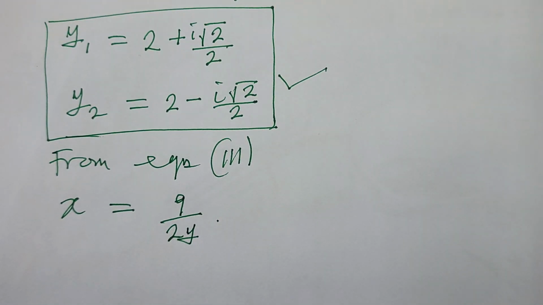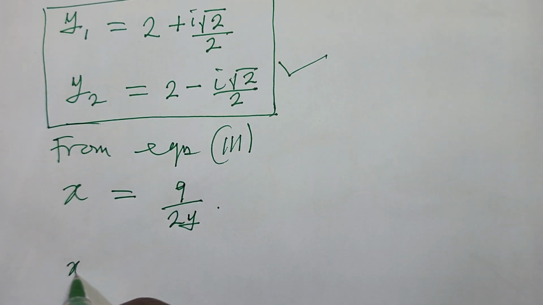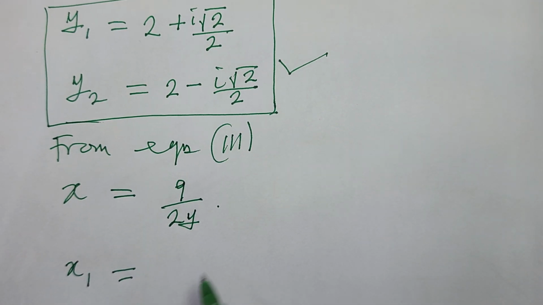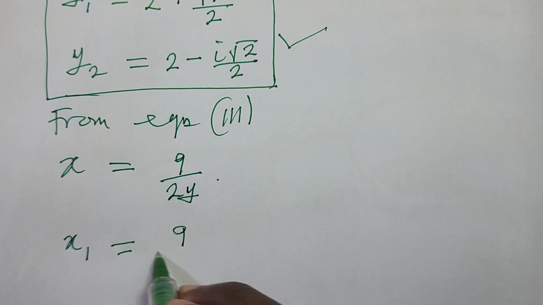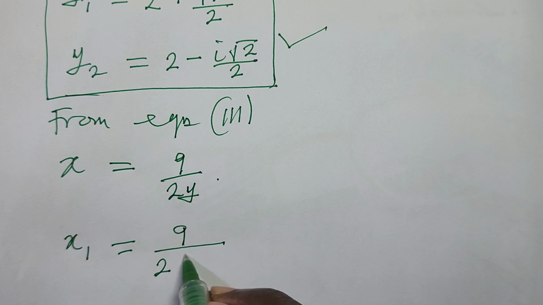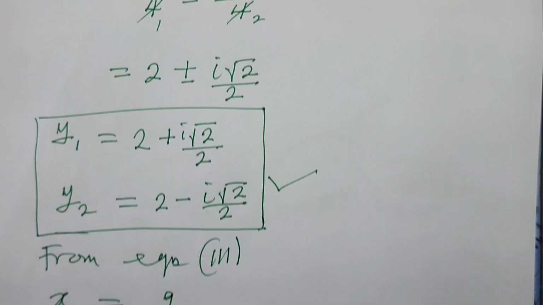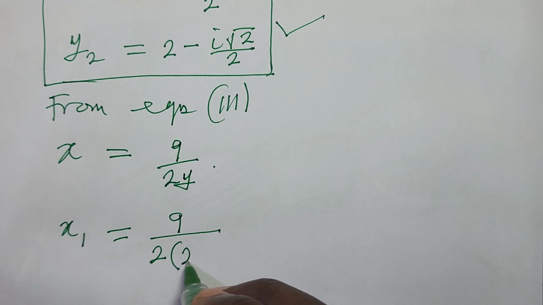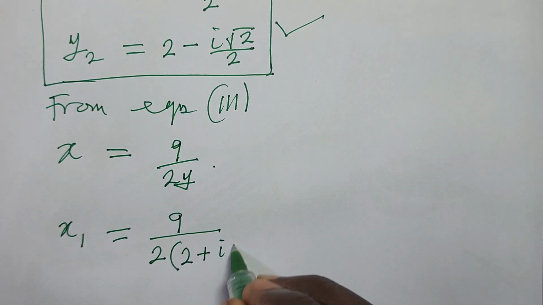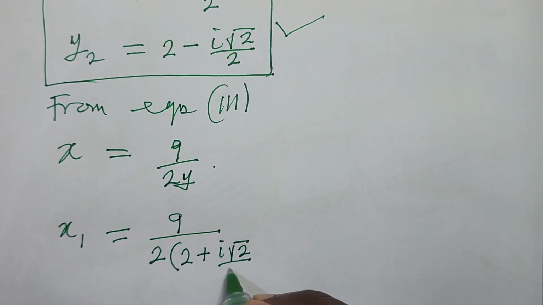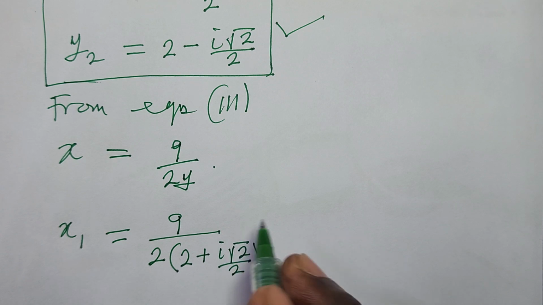Okay, so wherever we see y, we put it in for x. And again, we have y1 and y2. So here it's going to give us x1 will now be equal to 9 all over 2 into, look at our y1, this. Okay, so we're going to have this to be 2 plus i into root 2 all over 2, close brackets.